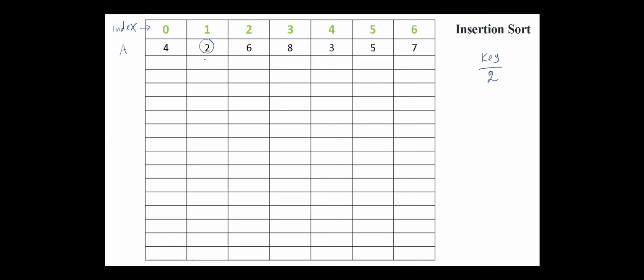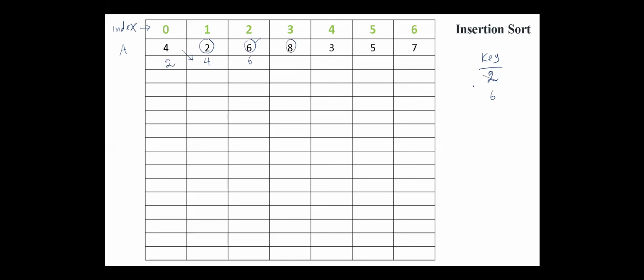Since 4 is greater than 2, we shift 4 to the right one position, and since we don't have any more elements to the left, we insert 2 in its position. Next, we consider 6. Again, we copy it to key, and since it is greater than 4, nothing is changed since 6 is in its correct position.